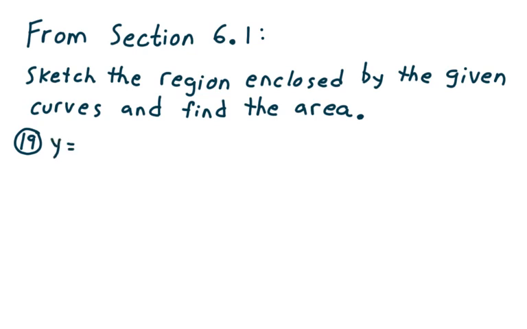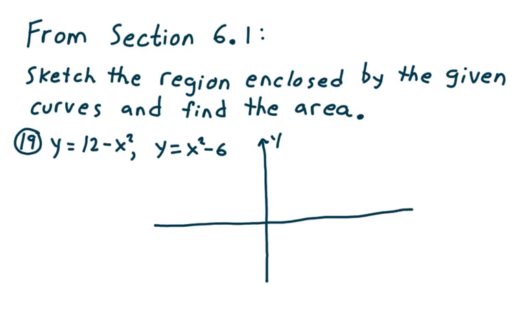Suppose we're given y equals 12 minus x squared, and we're also given y equals x squared minus 6. And we need to sketch a graph of what this looks like. So here's the y-axis, here's the x-axis.